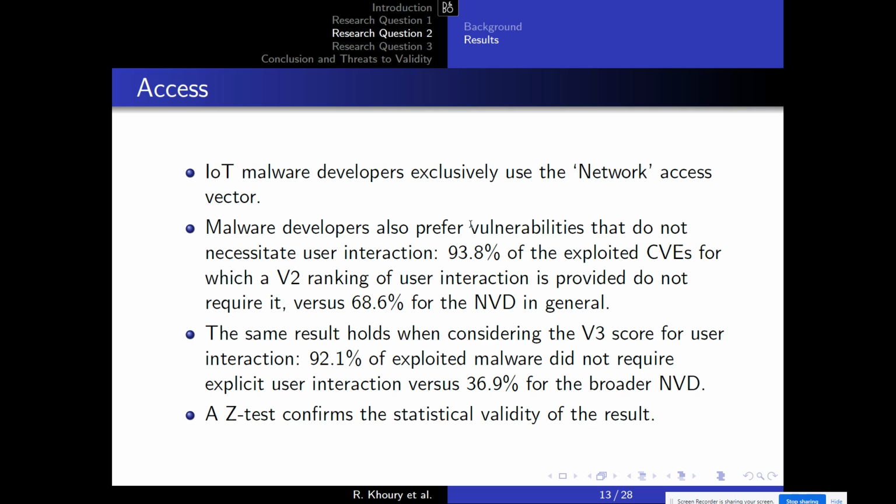And for those that have a V3 score, it's 92% that don't necessitate user interaction, versus 36.9% for the NVD in general. We used the Z-test to confirm the statistical validity of these results. Anytime that I give you these types of numbers in research question 2, there's always a statistical test that was performed to confirm the validity of the results.